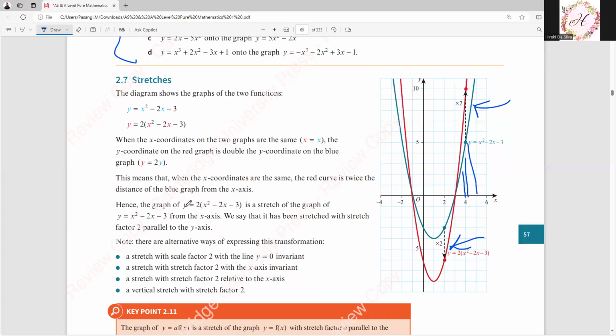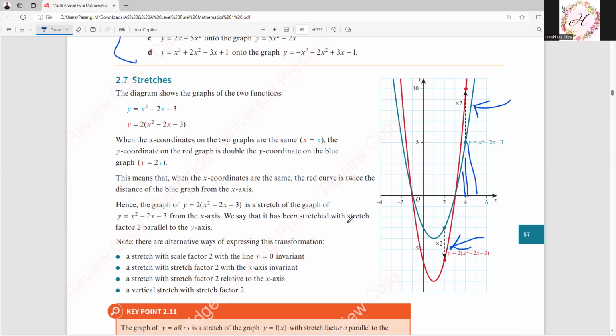Hence the graph of y = 2(x² − 2x − 3) is a stretch of the graph of y = x² − 2x − 3 from the x-axis. We say that it has been stretched with stretch factor 2.